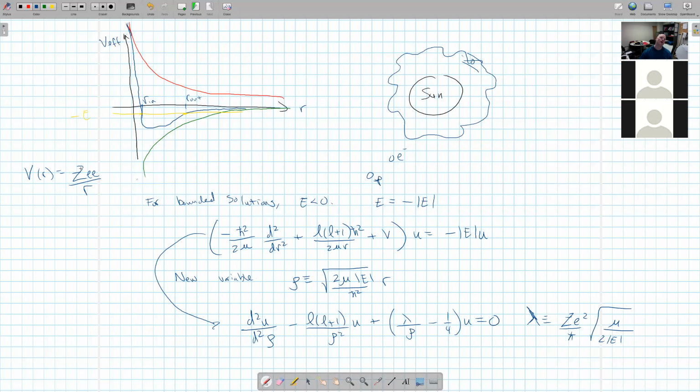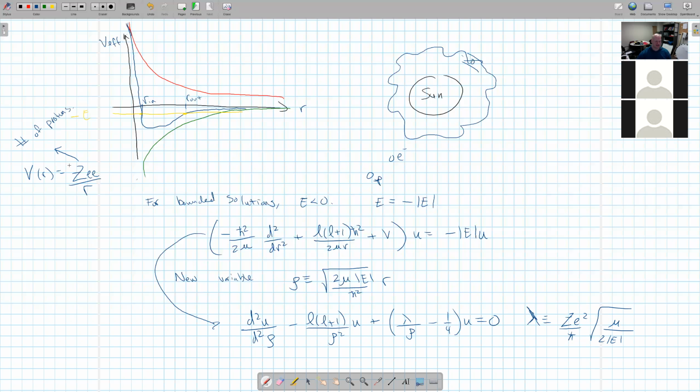So z represents the number of protons of the nucleus. So for the hydrogen atom, z is going to be equal to 1. But this is for something other than that. We're doing it more generally here, where z is equal to the number of protons.